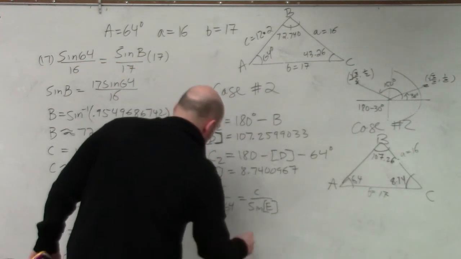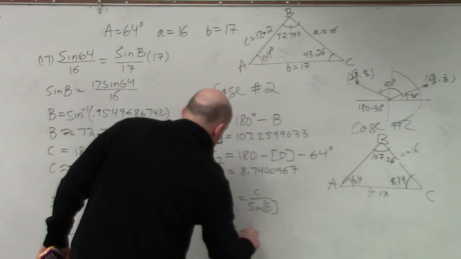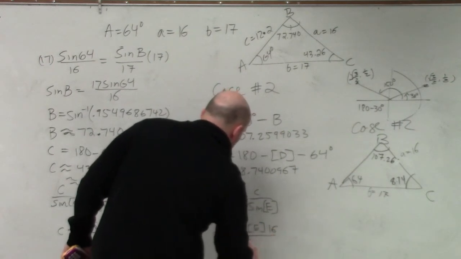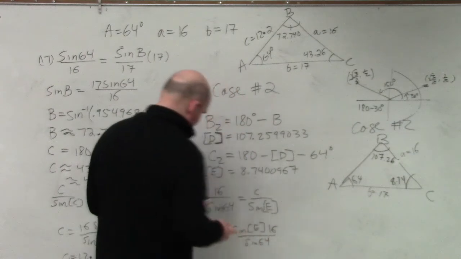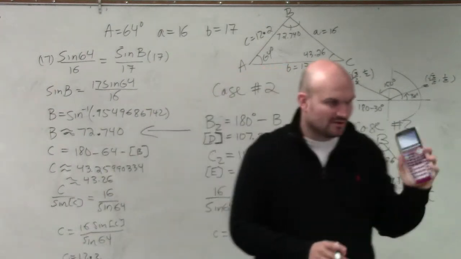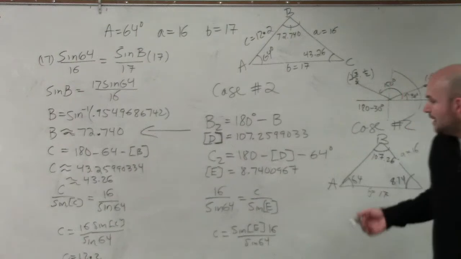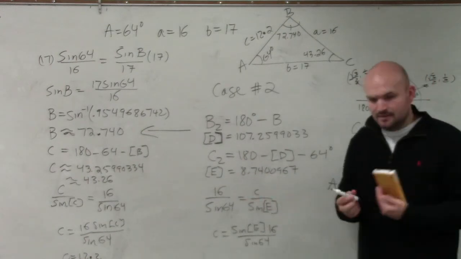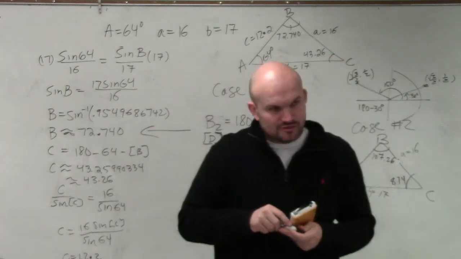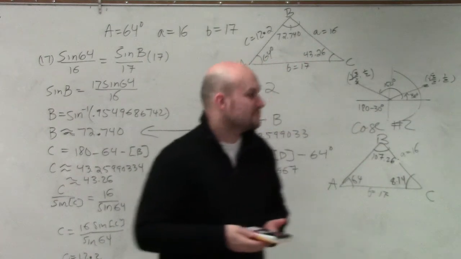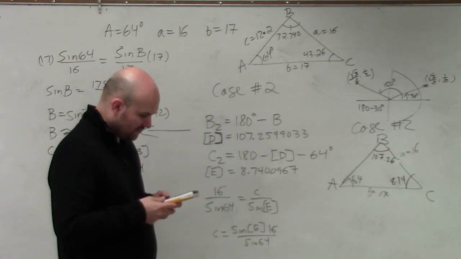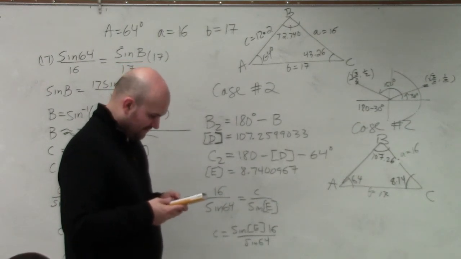So my last answer is going to be sine of E times 16 over the sine of 64. And again, when you store things, I think it just makes life easier. However, Angelica, you can write out the whole answer, and that's not a problem at all. But just do not use the rounded answer. I cannot stress that enough. I know it's going to happen. People are going to get the right answer, but they're going to use a rounded answer, so they're going to be off.